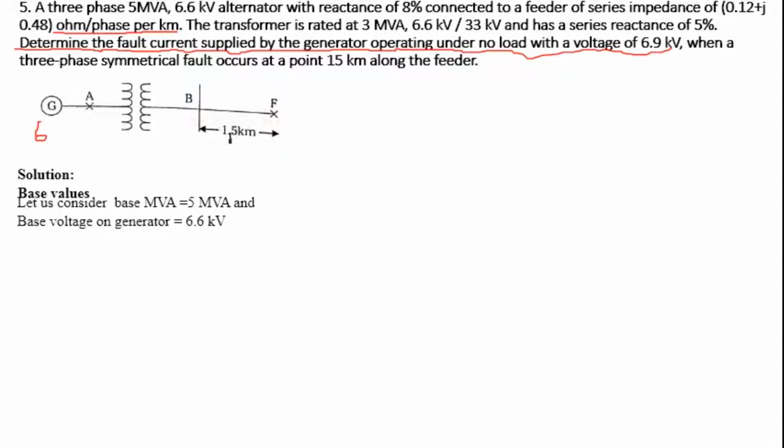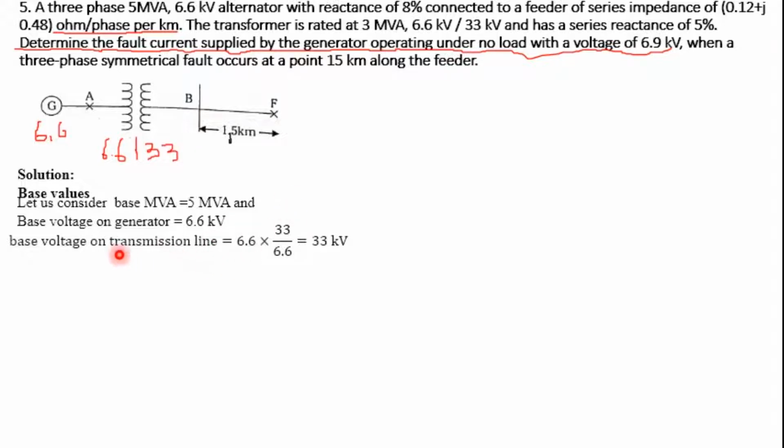Then we have to calculate the voltage on the transmission line side. The transformer rating is 6.6 kV/33 kV.